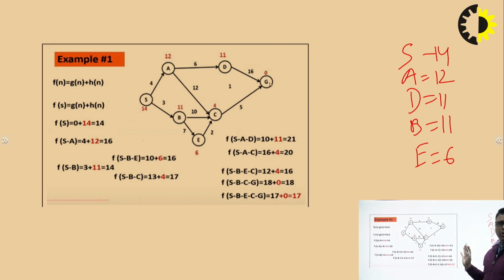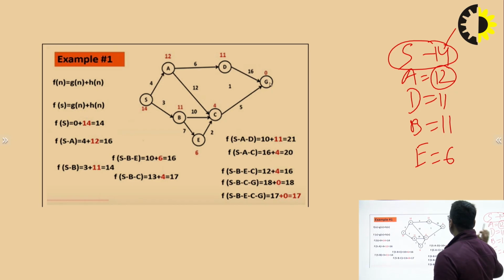The heuristic value S equal to 14 means 14 is the cost from start to goal node, and A equal to 12 is the cost of reaching the goal through that node.